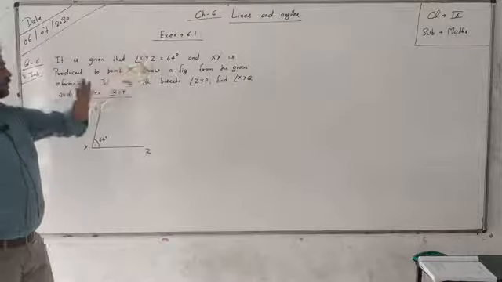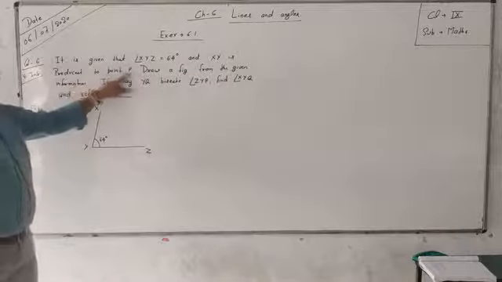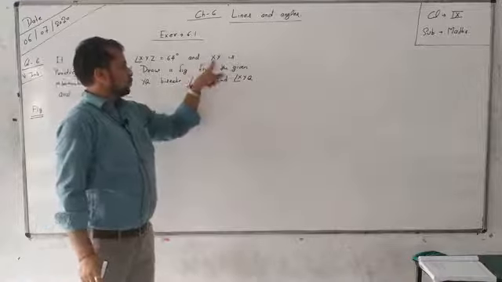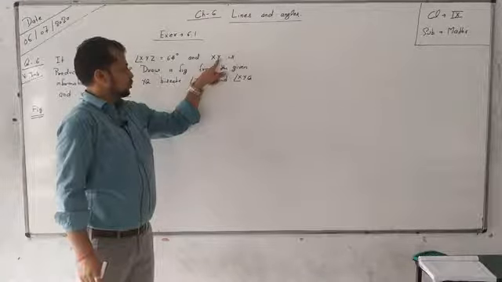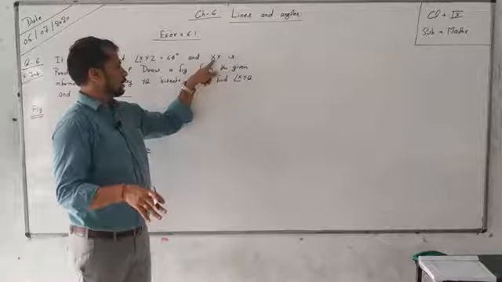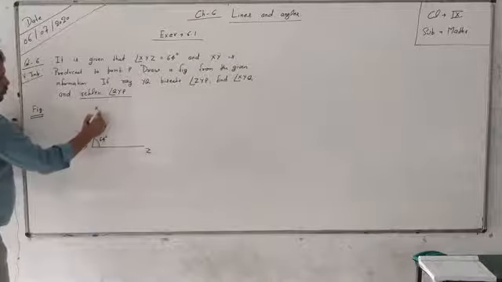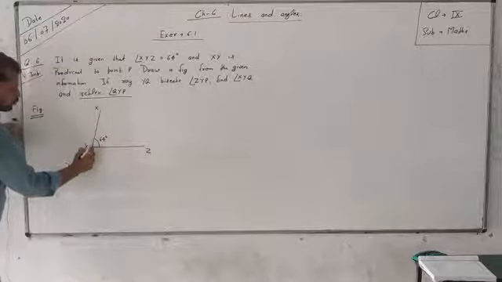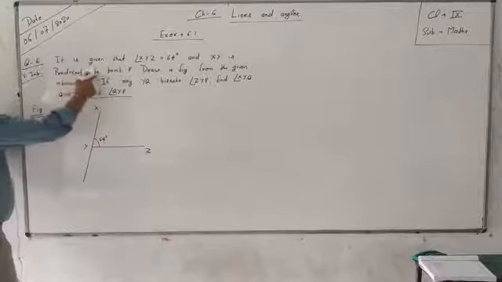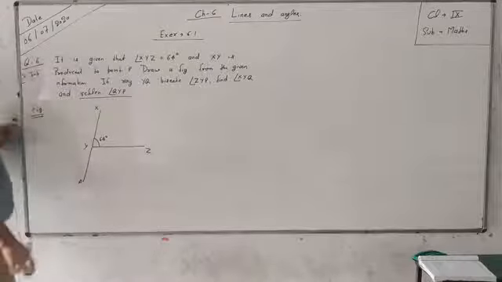Angle XYZ and XY is produced to point P. XY is produced to point P means we have to move towards the Y, not towards the X. Means we have to start from X and move towards the Y like this. This is X. You have to move from here and produce it in the backward direction. Produce to point P. You have to produce it up to point P.